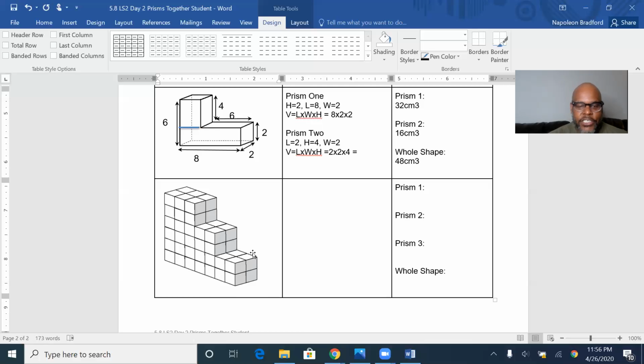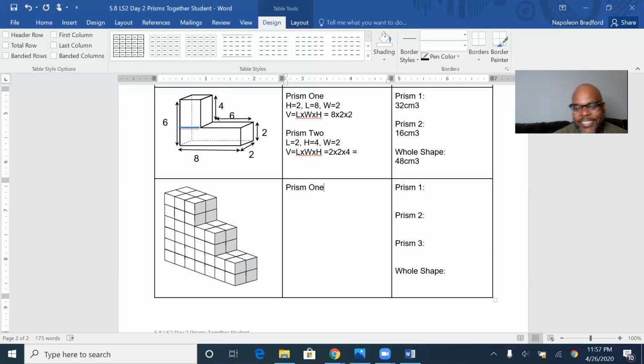All right, so let's guess some dimensions. All right, take 30 seconds and give me the dimensions for prism 1. The dimensions, the length, the width, and the height of prism 1.